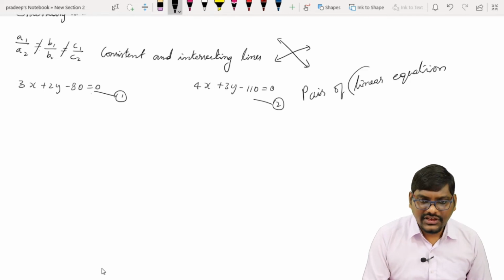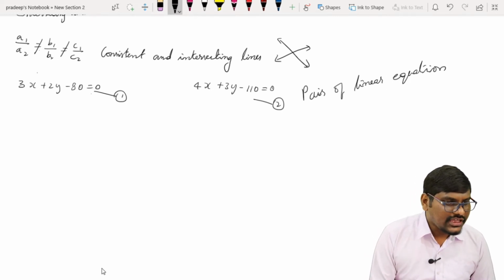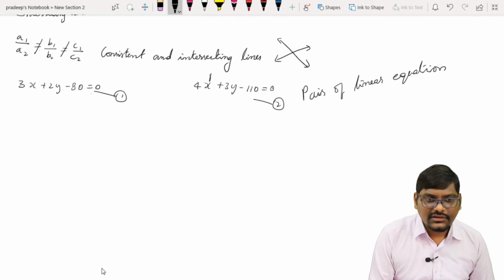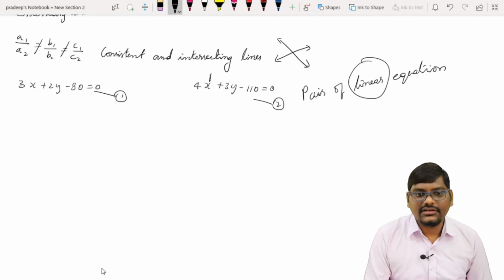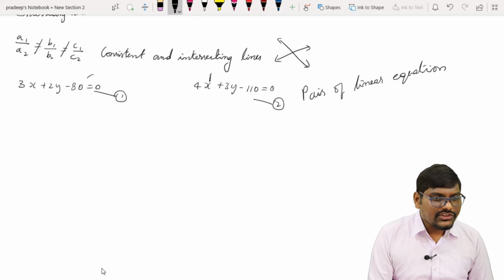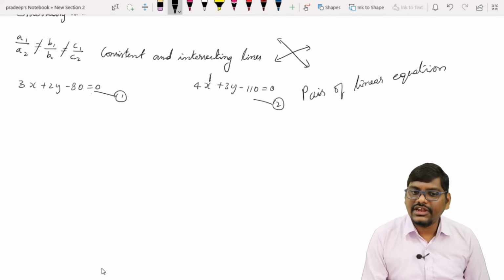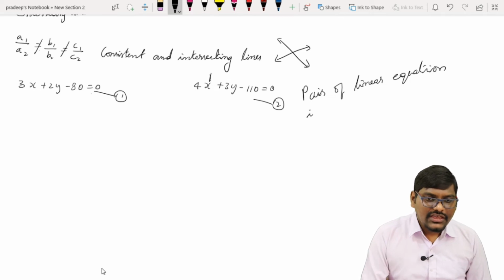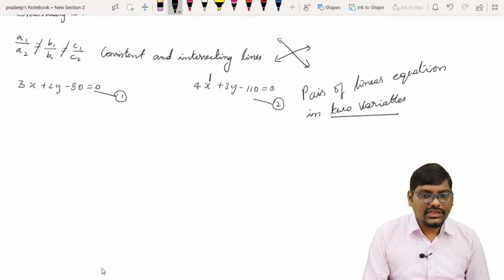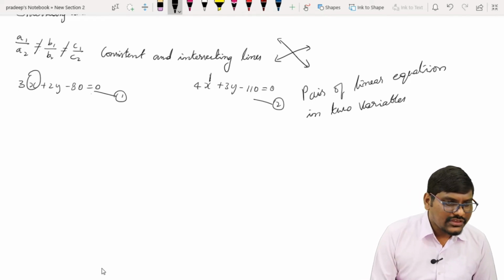Second, we say linear in the sense that the equation has power 1, and it is equated with 0. This is not an expression, it is equated with 0, so this is an equation: a pair of linear equations, in two variables. Two variables means we are using x and y.